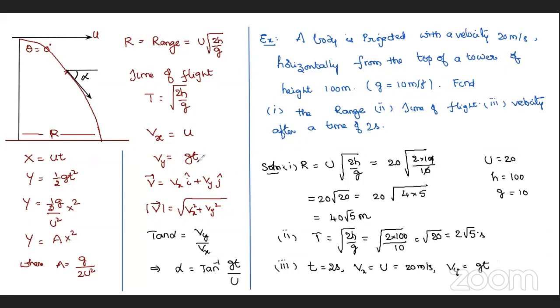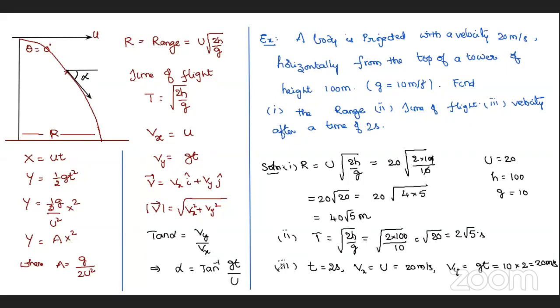It is already there on the board. g is 10 and t is 2. That is equal to 20. Vy is also 20 meters per second. Yes, Mr. Amog, you are right. And 45 degrees. Very good, that is correct.